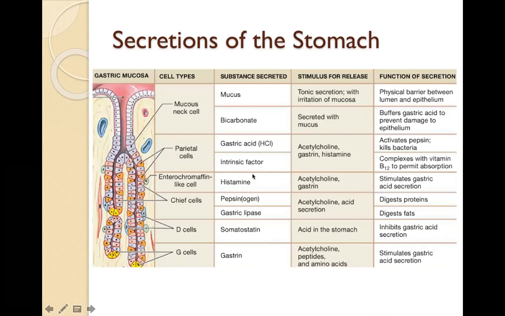The ones that are most important are all of them. And you're going to see there's a lot of interplay between these last 5, lots of interplay. So when we talk about GI regulation and the phases of digestion, this becomes very, very important.